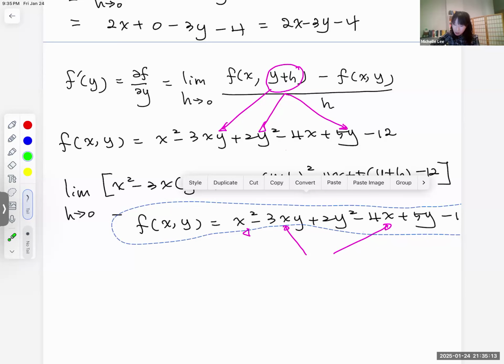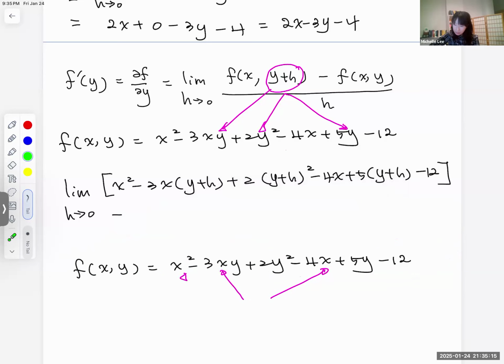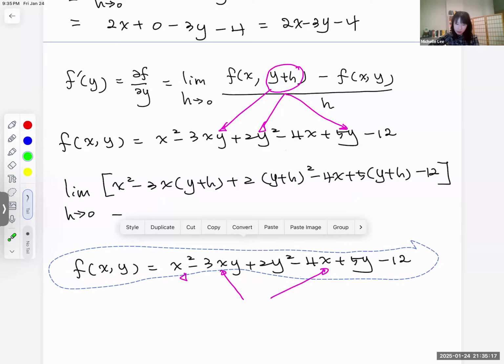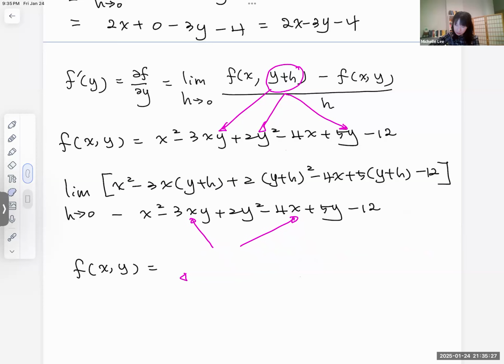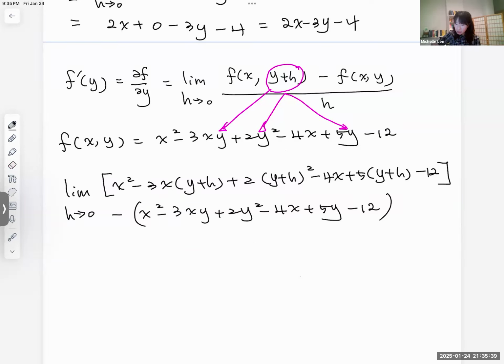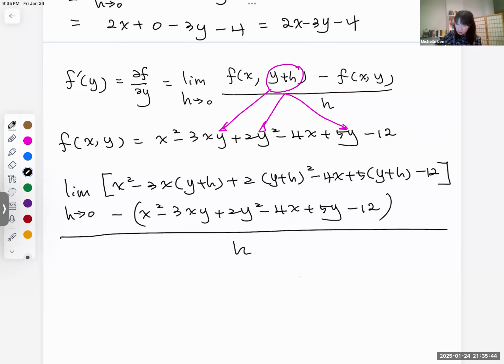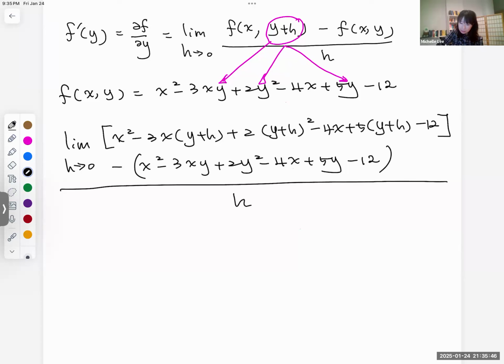Forget it, it could complicate with the negative. Over h.